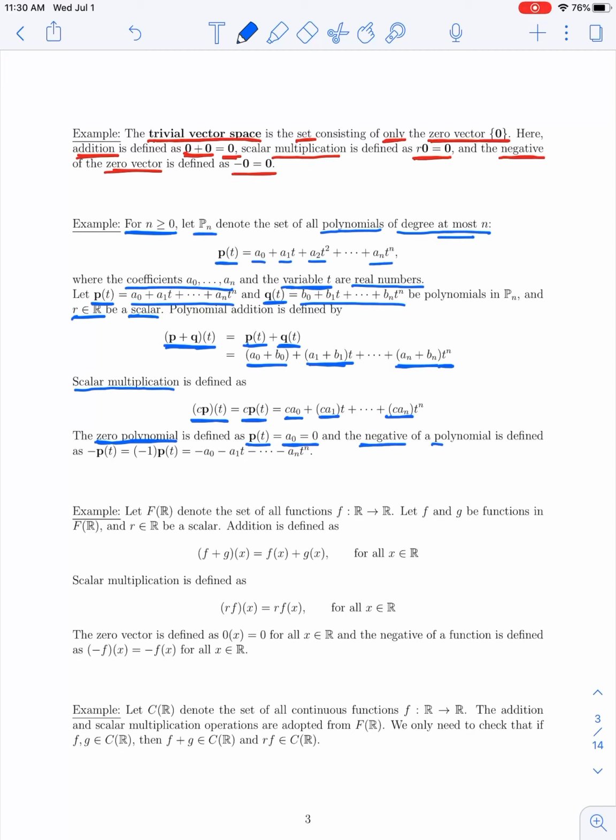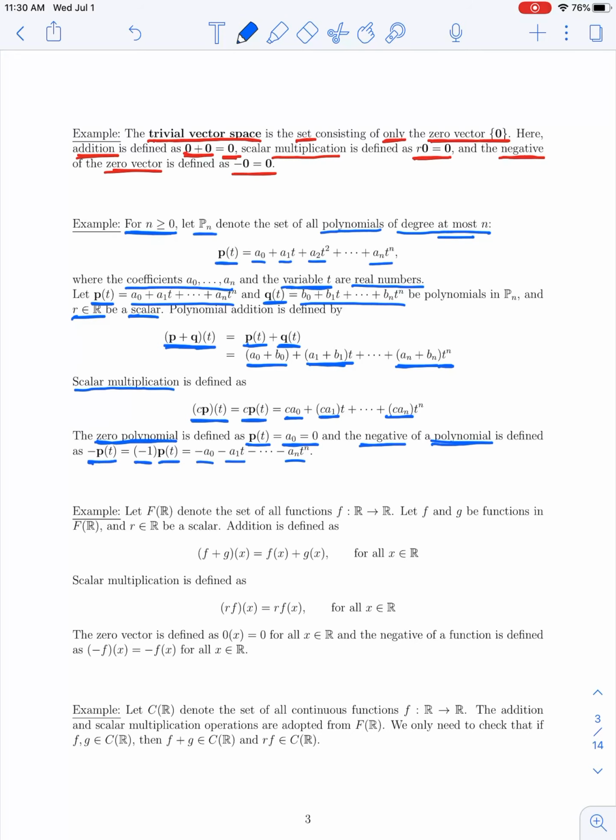And the negative of any polynomial in this set would be denoted as negative p of t, and it's defined as the scalar negative 1 times p of t, which would be found by taking the nth degree polynomial where each coefficient is the negative of the coefficient for p of t.